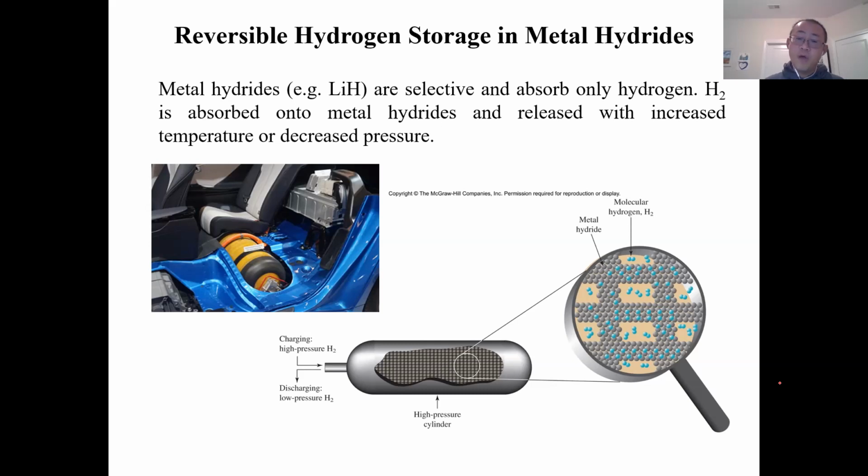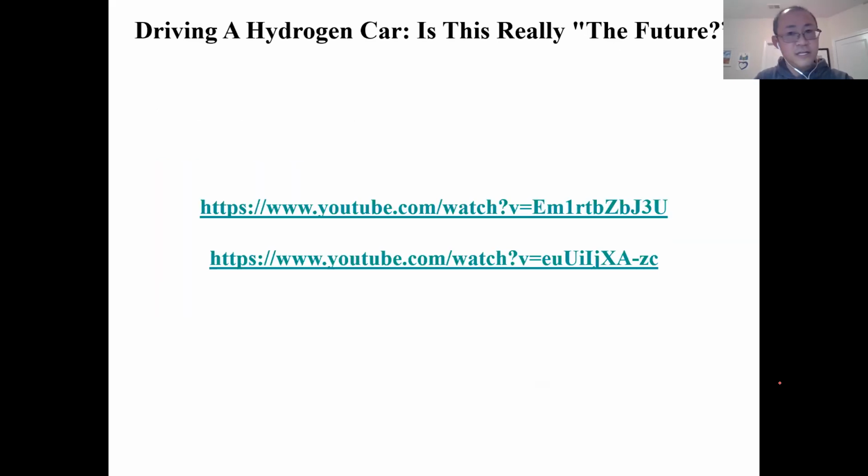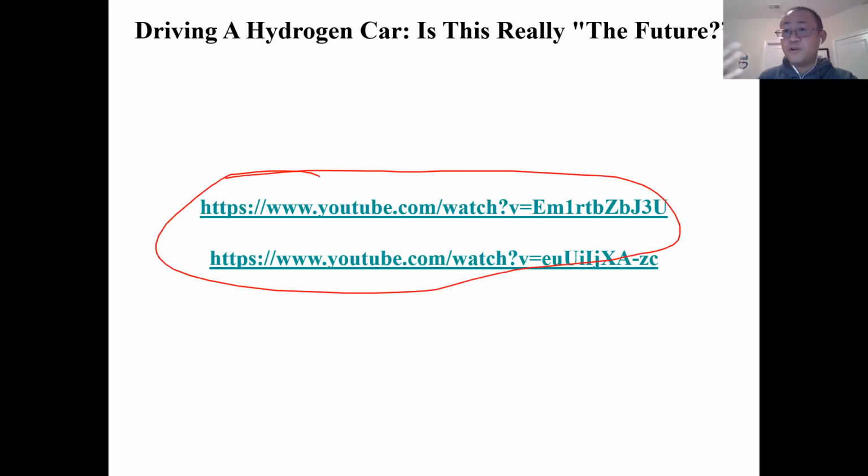So this is one way of storing hydrogen gas. Instead of just simply adding pressure to liquefy the hydrogen gas, we use metal hydrides to selectively absorb and desorb hydrogen gas.